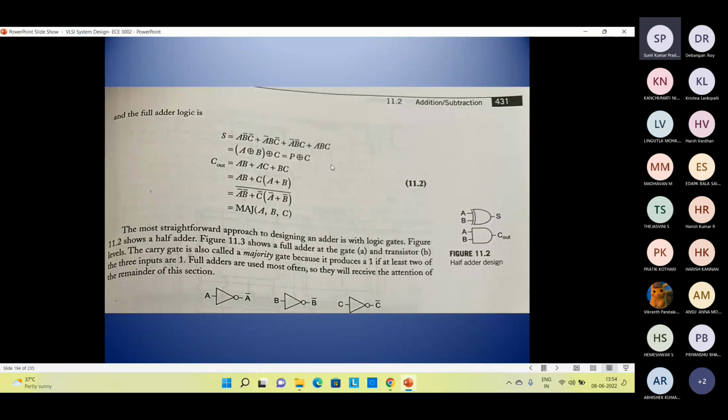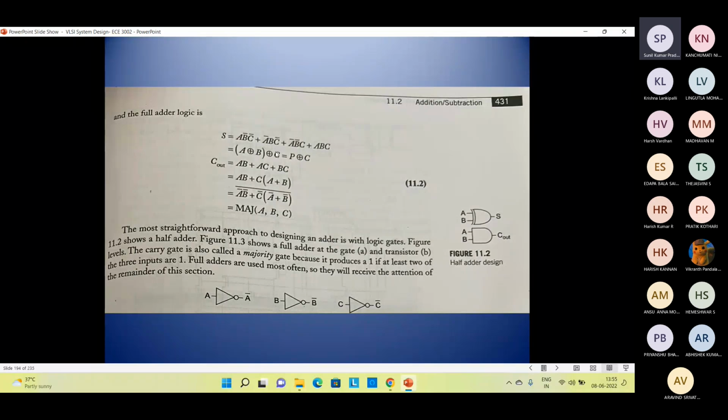So it is A B complement C complement plus A complement B C complement plus A complement B complement C plus A B C. So when we define sum, it will be defined like this: A B complement C complement plus A complement B C complement plus A complement B complement C plus A B C.